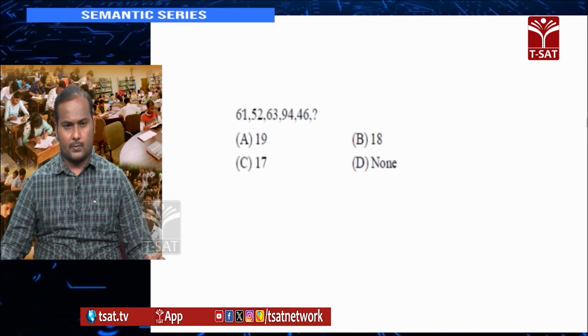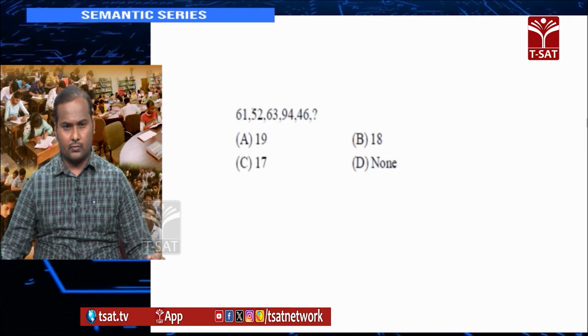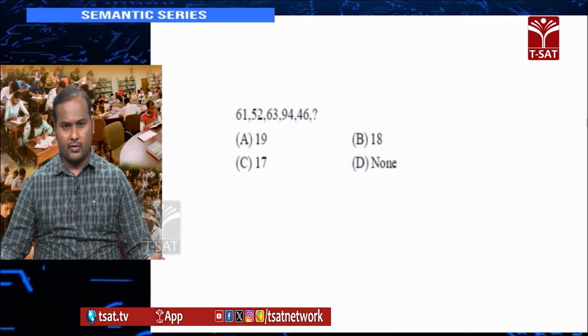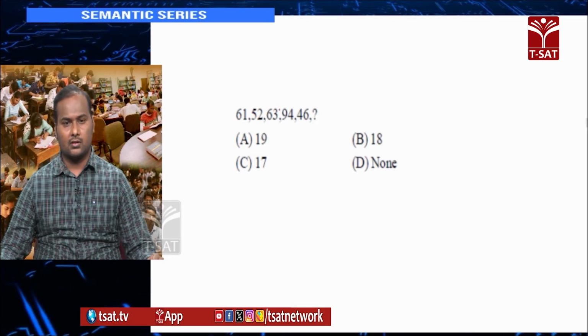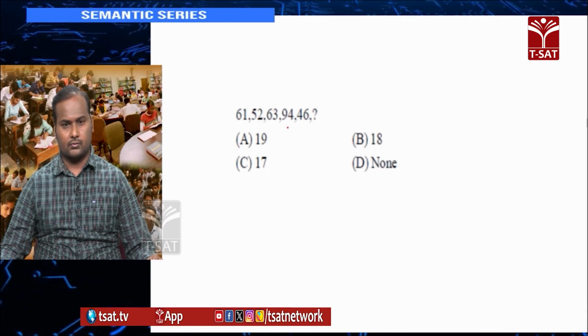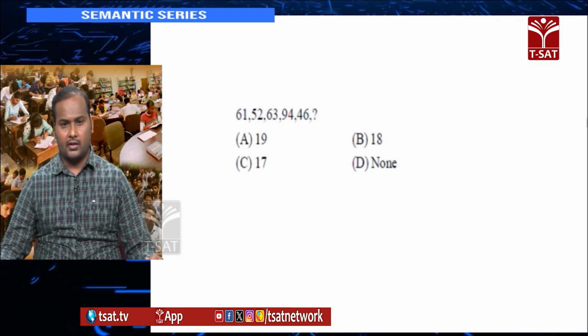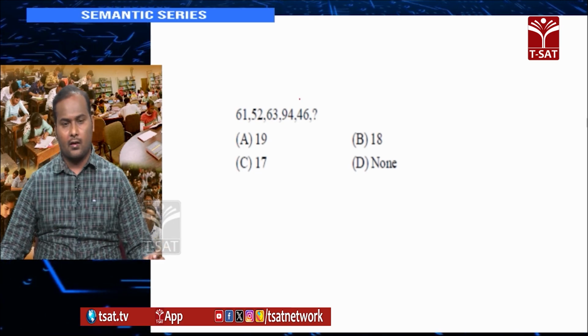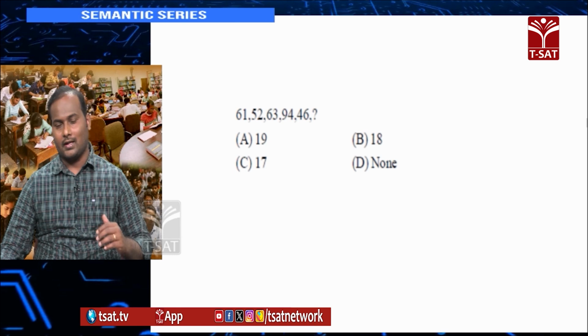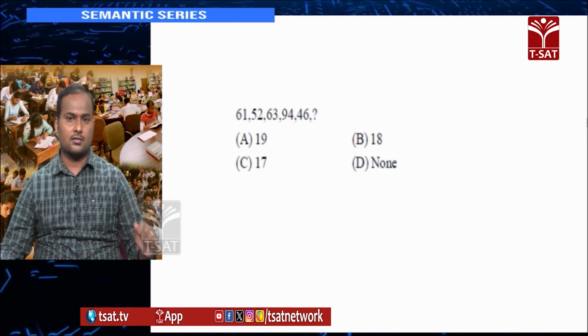In this kind of question, 61, 52, first it is decreasing, 52, 63, again increasing, 63 to 94, again it is increasing, then 94 to 46, again it is decreasing. And if you observe this one, the increase and decrease is not also consistent.